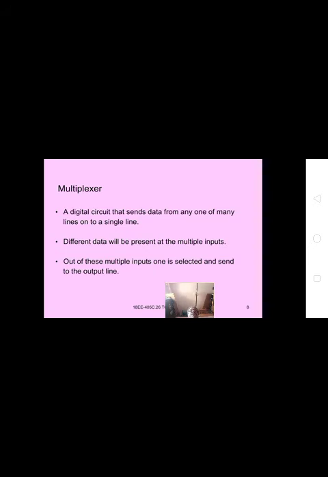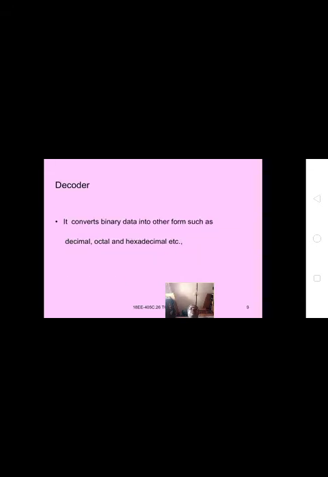Out of these multiple inputs, one is selected and sent to the output line. It is nothing but the multiplexer. Next, decoder. It converts binary data into other forms such as decimal, octal and hexadecimal, etc. It is also a combinational logic circuit.